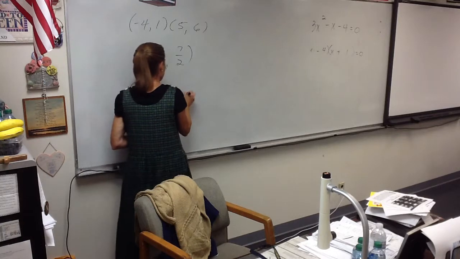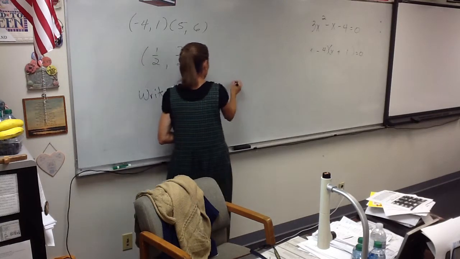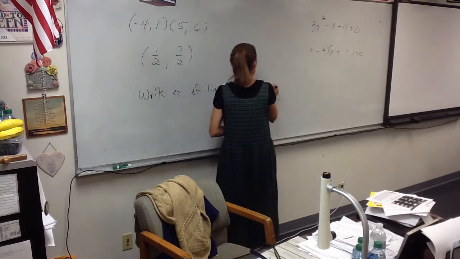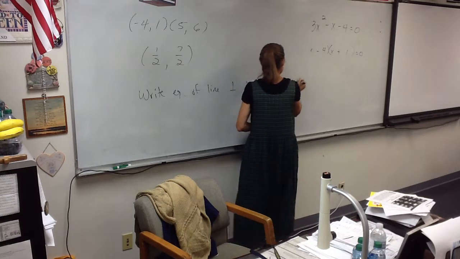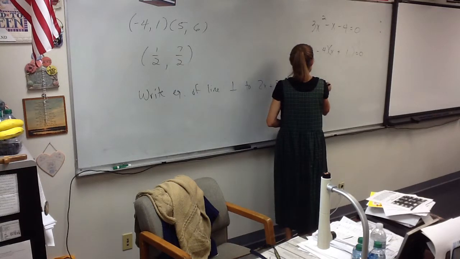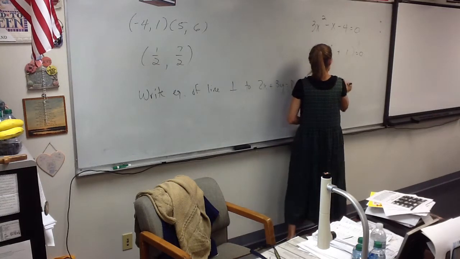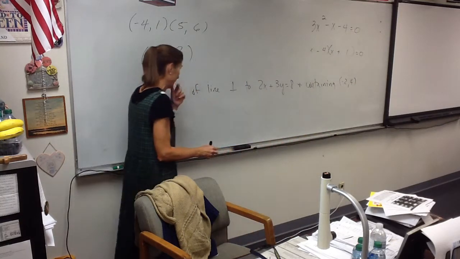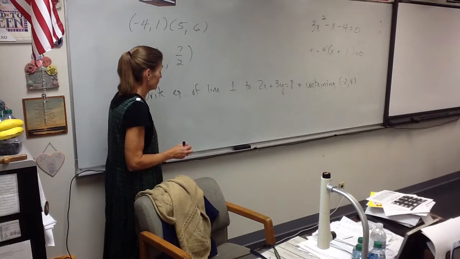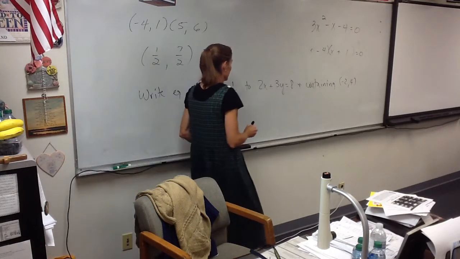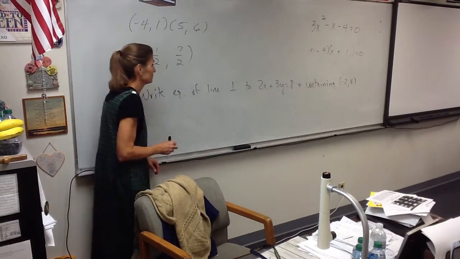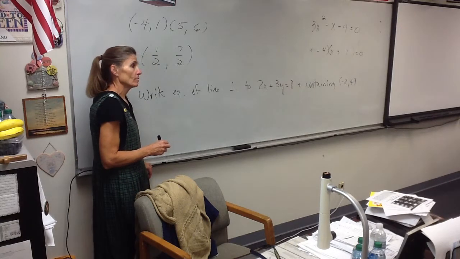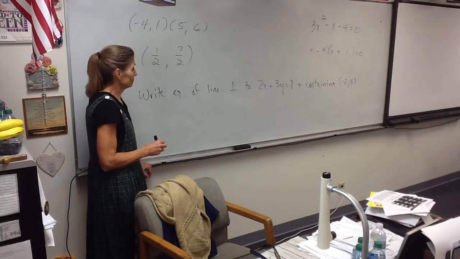Let's write the equation of the line perpendicular to 2x plus 3y equals 8 and containing (-2, 4). How do we do this one?